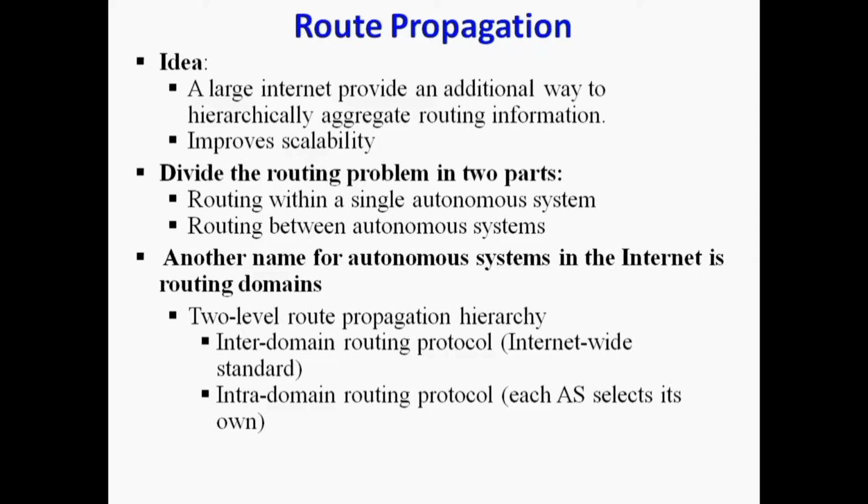Routing between autonomous systems is inter-domain. Since another name for autonomous systems in the internet is routing domains, we refer to the two parts of the routing problem as inter-domain routing and intra-domain routing.